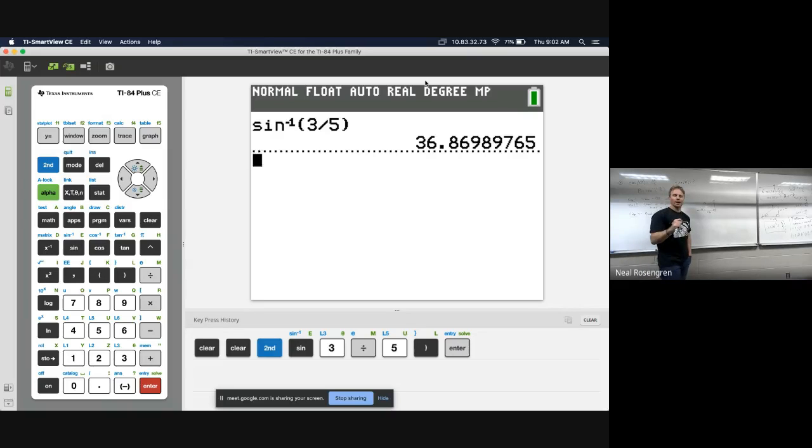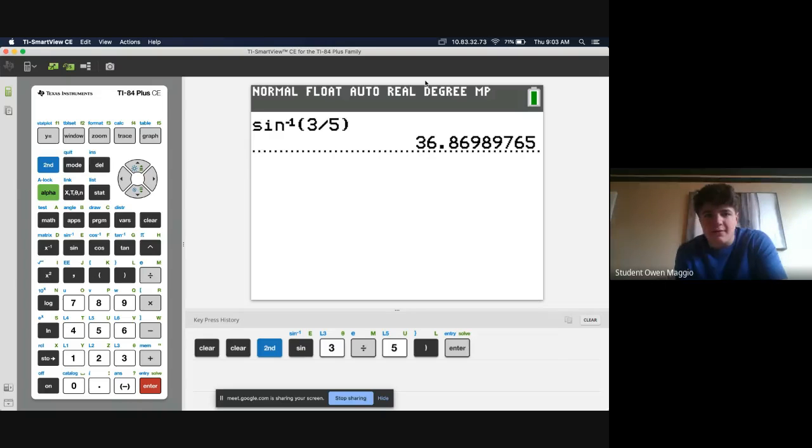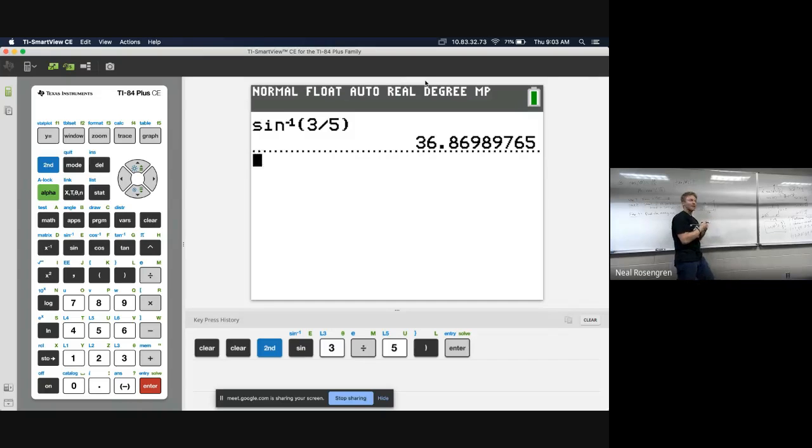Do you recognize a Pythagorean triple that has 12 as one of the legs and 13 as the hypotenuse? If so, what's that last side? 5. 5, 12, 13, guaranteed.